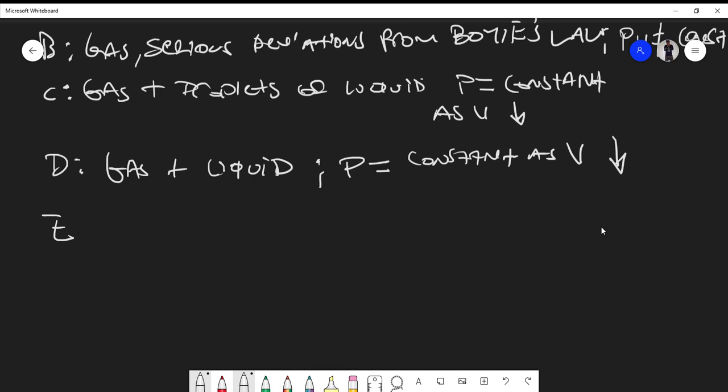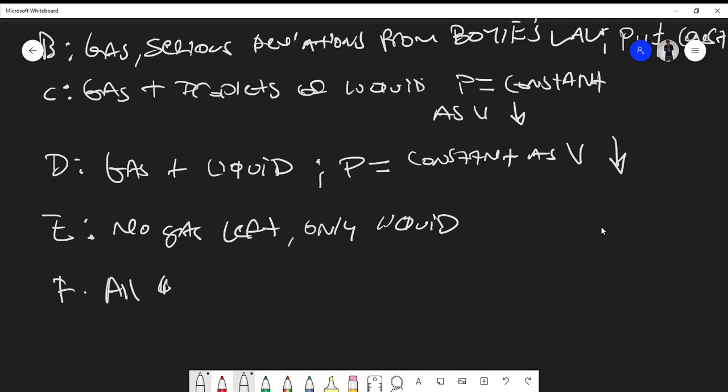Point E, this is where we have no gas left. So I can't show the curve above, but again, point E, going back and looking at the curve, is where we essentially have no gas left. In this case, it's only liquid. Right? So it's very hard to compress the liquid further. Point F, it's all liquid, like we mentioned above in our graph.